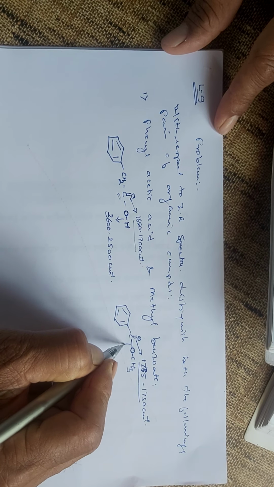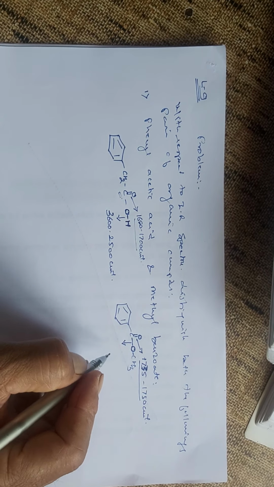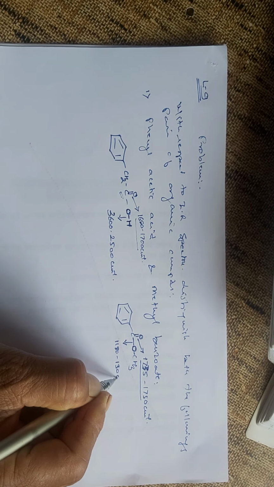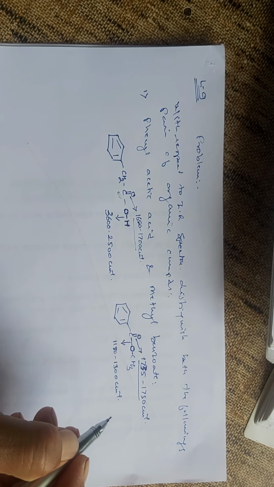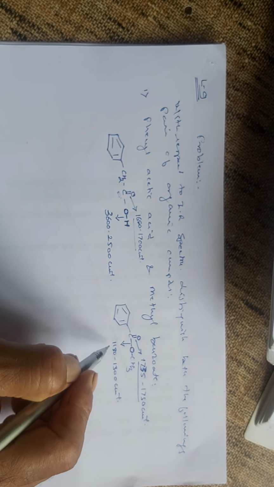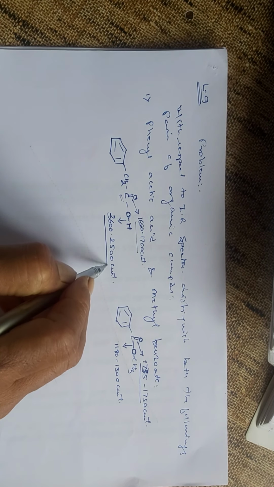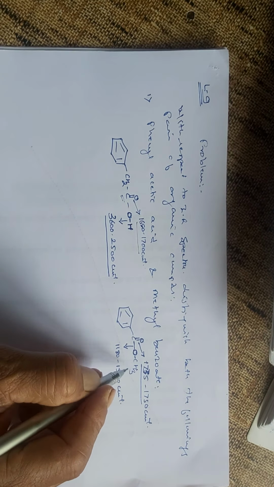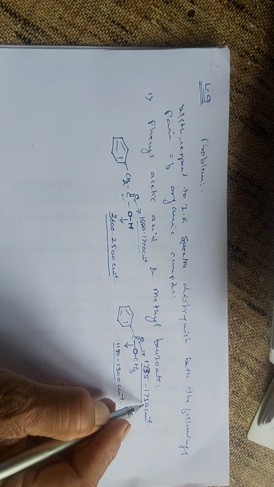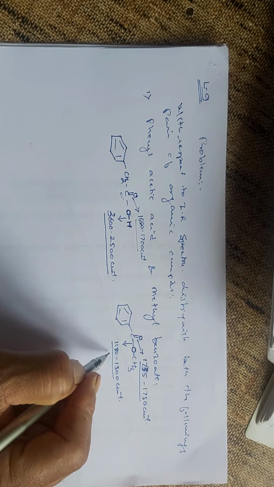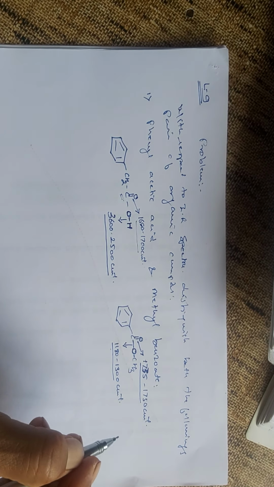Apart from that, here we will get a CO stretching around 1180 to 1300 reciprocal centimeter, which will be seen in carboxylic acid too, but it is not that prominent because the OH is showing the absorption frequency. But in methyl benzoate, which is an ester, it will show the ester absorption frequency of the carbonyl group at 1735 to 1750, and along with that 1180 to 1300 due to the CO stretching frequency.